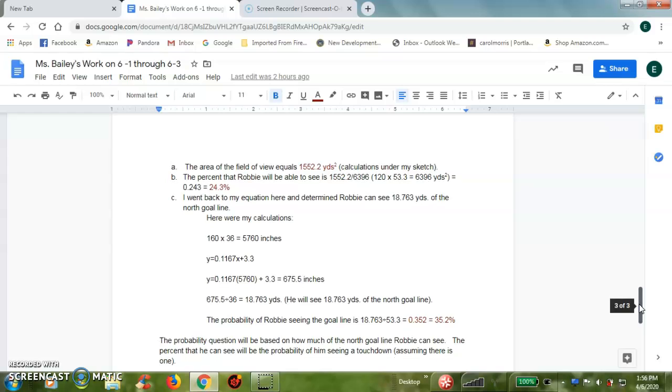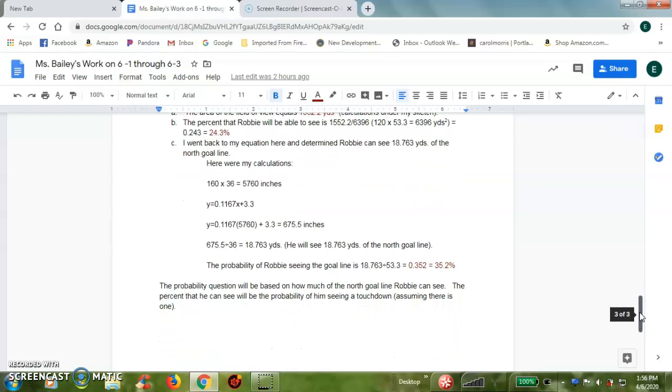For letter C, all right, this was the probability that Robbie can see a touchdown. So first thing I had to do was figure out, oh, that's going to be a different amount than the end of the field. So that's not going to be my 19 something yard figure. So first thing I did was figure that. So I had to take 10 yards off. So I did 160 times 36. So you would have to take 10 yards off too.